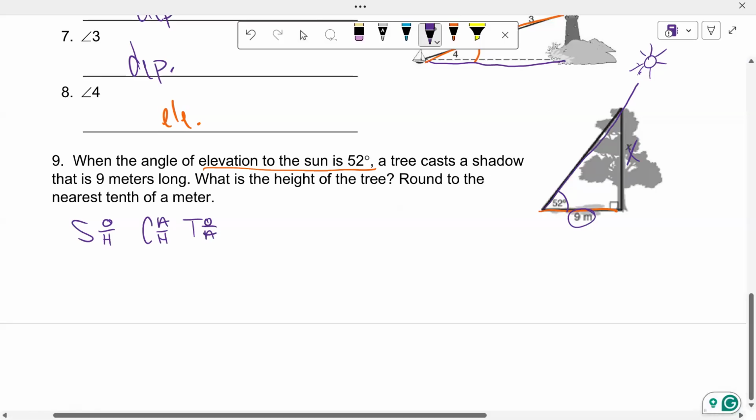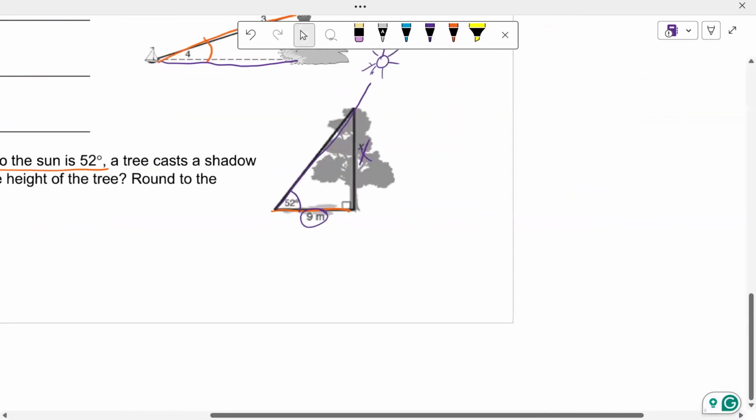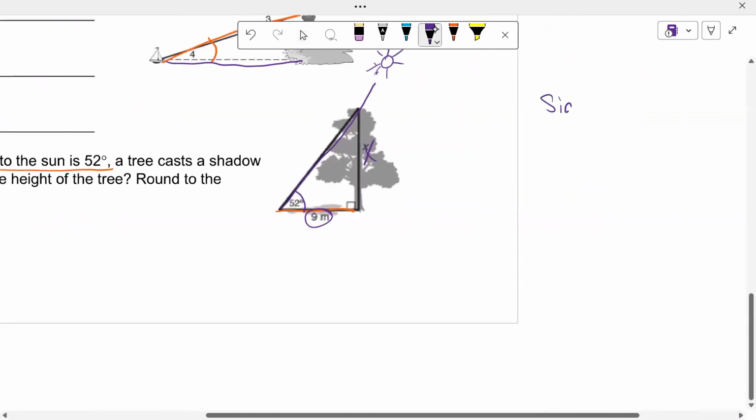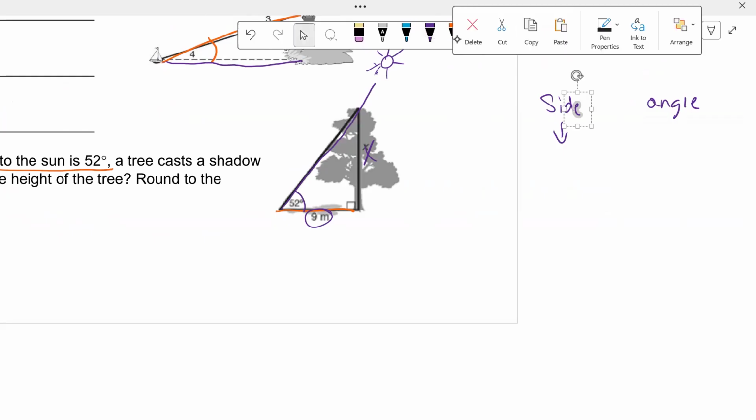First thing we want to do is, like I said in class, identify: are we solving for a side or angle? If we are solving for a side, you guys should be using what? All of you hopefully said regular trig functions to yourself.